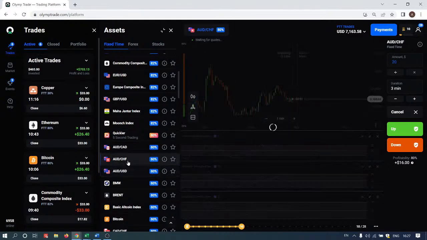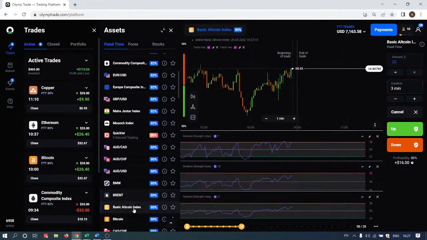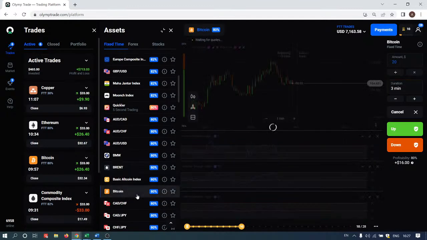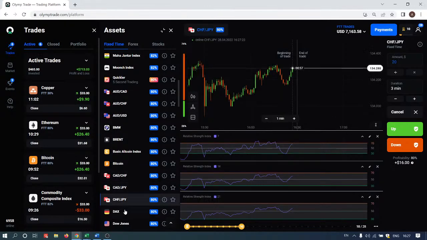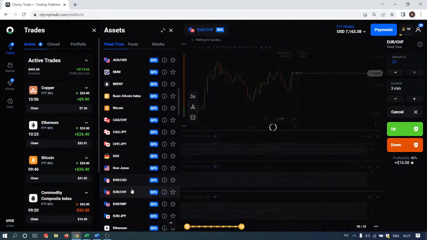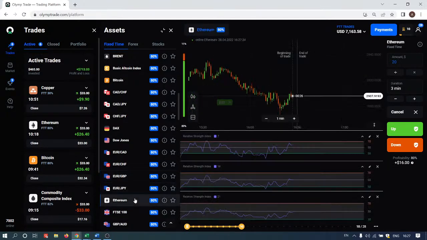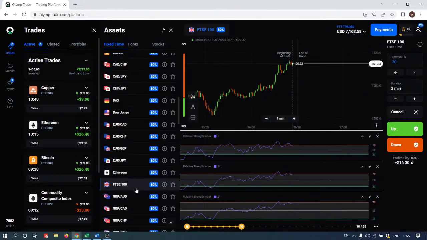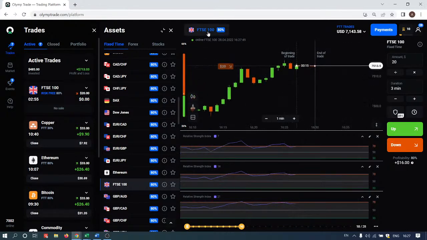They are a nice thing that can make you happy, and they can give you some additional profit. I don't really expect much from these risk-free trades. They never really change the global course of how things are going, but yes, they can be a nice little helper here. Okay, so I'm using this risk-free trade on FTSE 100, so the British index.